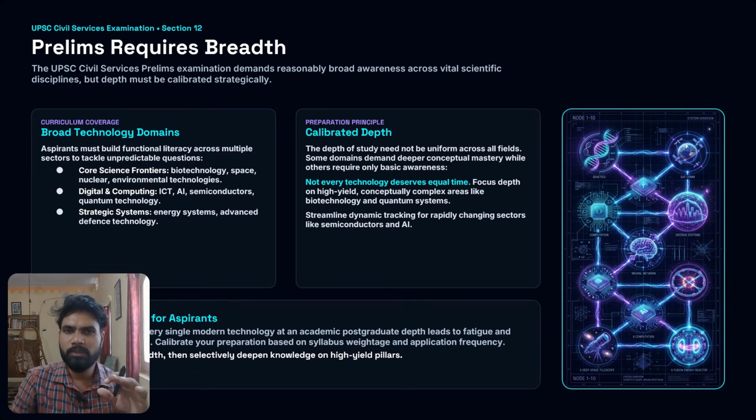This applies not just to science and technology, but to other subjects also. You should have overall breadth of knowledge. You should know something about everything in science and technology. Then it becomes easier for you to clear the science and technology paper.